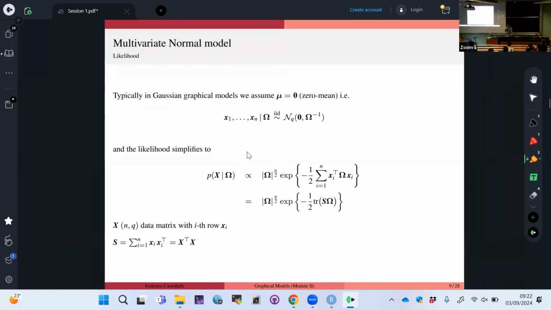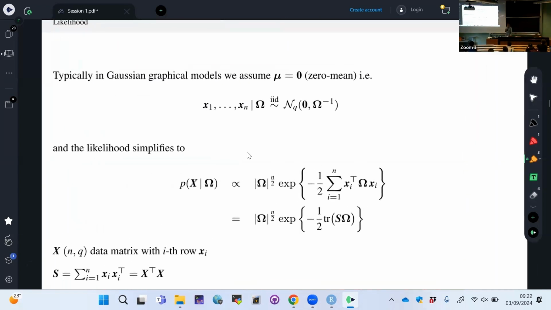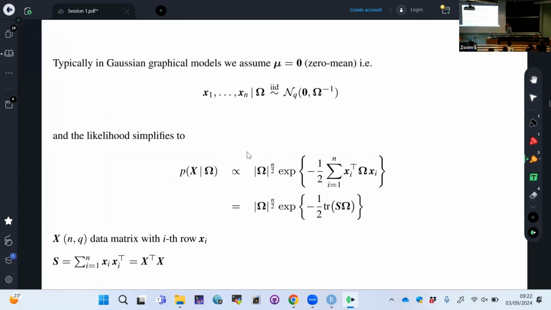Just a remark, because typically when we do Gaussian graphical modeling, we are not really interested in the mean vector as a parameter. We are much more interested in the covariance matrix or the precision matrix, that is omega, because it is the parameter that captures the conditional independence relationships between variables.